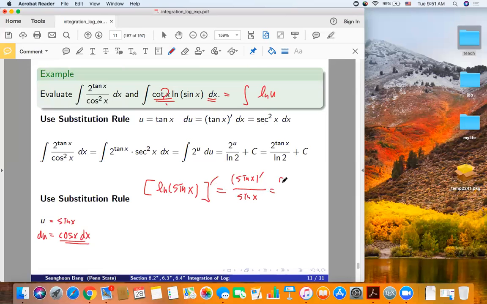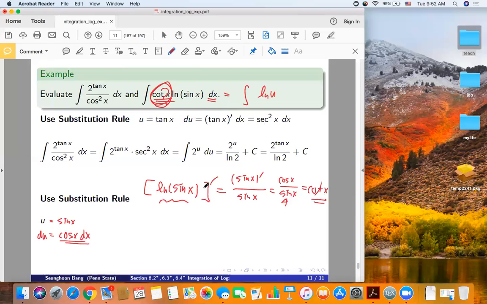Sine prime is cosine x over sine x. What's cosine over sine? Do you know the identity of cosine over sine? Yes, we have it: cotangent x here. What's the idea? The whole ln of sine of x.